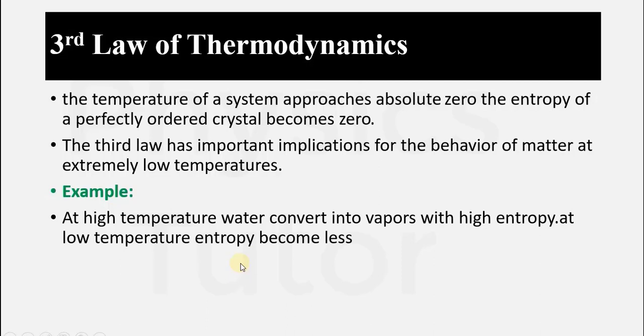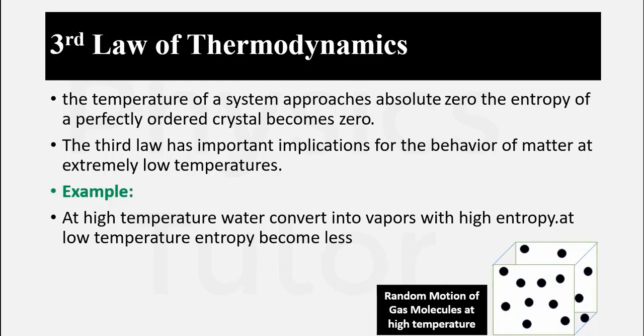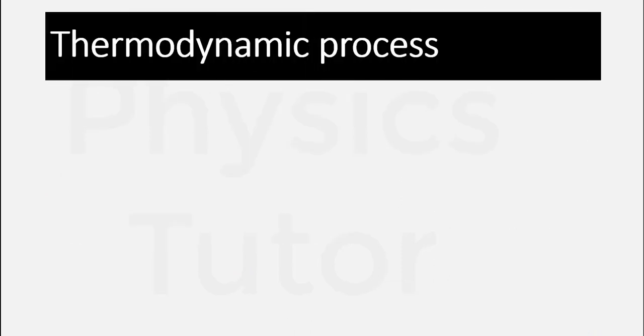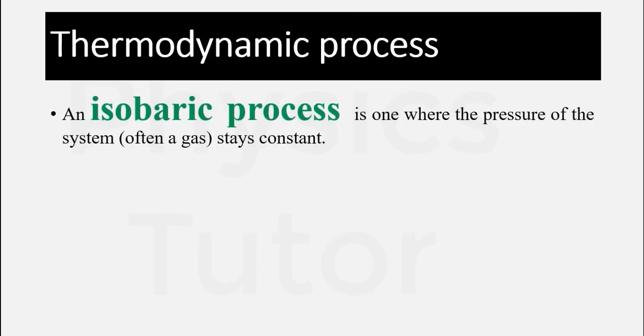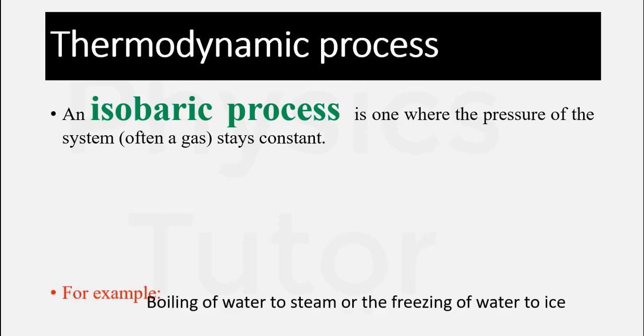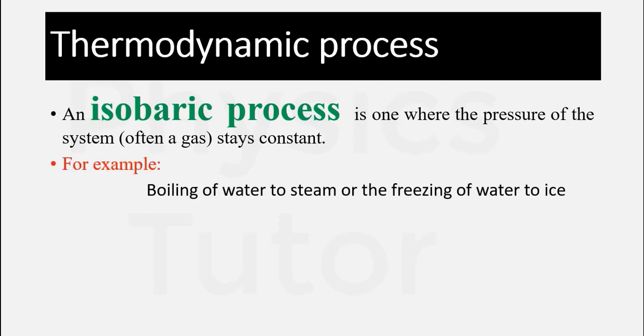Now we will study the different processes in thermodynamics. First of all, the isobaric process is one where the pressure of the system stays constant. For example, boiling of water to steam or the freezing of water to ice.